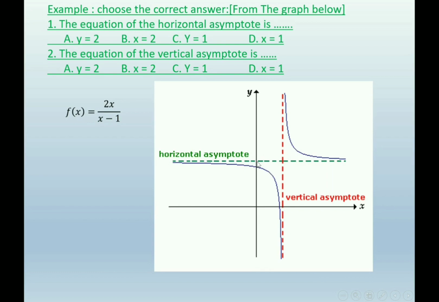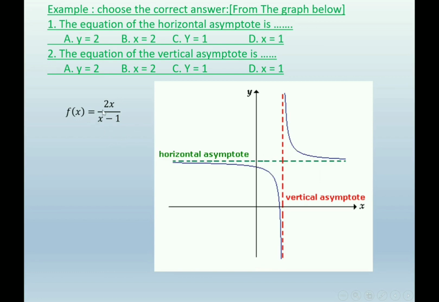So we are going to choose: the equation of the horizontal asymptote is y equals 2, or x equals 2, or y equals 1, or x equals 1. According to the graph, it is cutting at y equals 2. To find the horizontal asymptote, you use the limit.